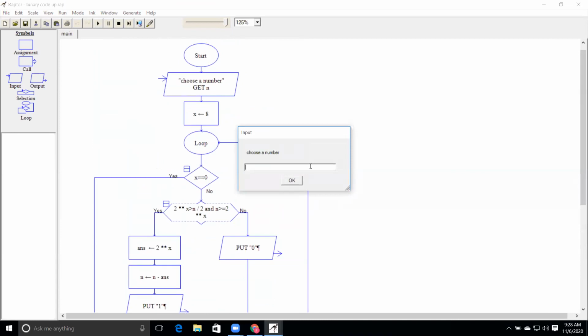Sir, choose a number, sir. Choose 65 only. Let us see. 65, sir. Should I keep it on speed, sir?